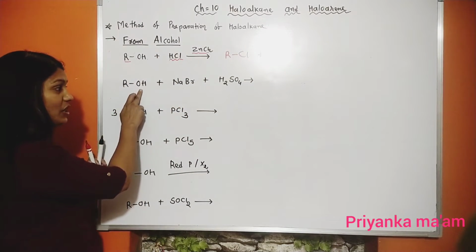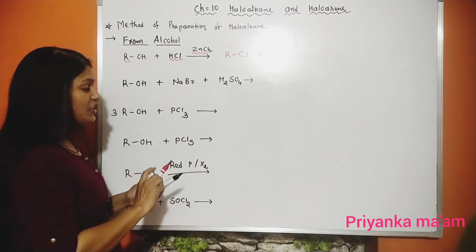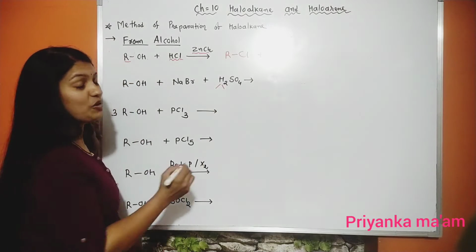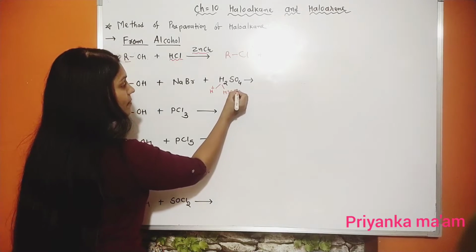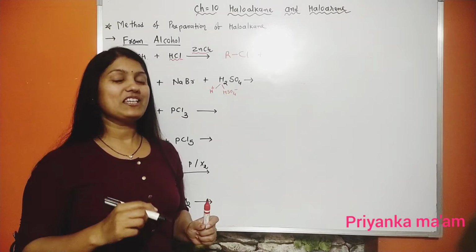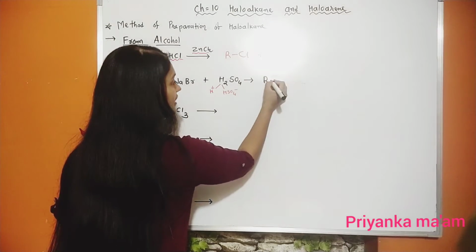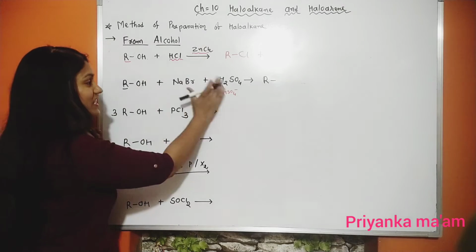Second reaction, alcohol reacts with NaBr in the presence of H2SO4. When this H2SO4 dissociates into two parts, H+ and HSO4-, right? And what is our aim? Our aim is to form haloalkane, R attached with halogen. So students, we have to find the halogen.